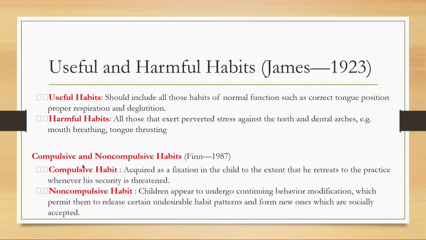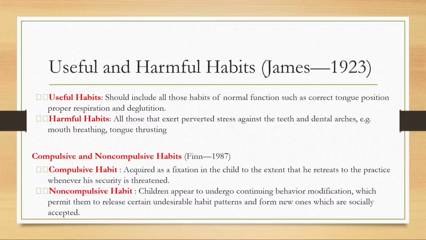We have another classification given by Finn: compulsive and non-compulsive. Compulsive habits are acquired as a fixation in the child, to the extent that he retreats to the practice whenever his security is threatened, whereas non-compulsive habits undergo continuing behavior modification, which permits them to release certain undesirable habit patterns and form new ones which are socially accepted.